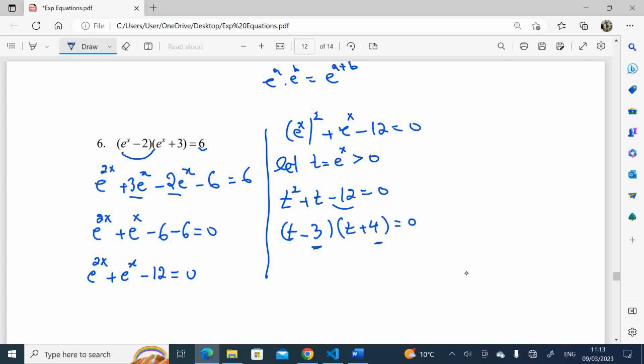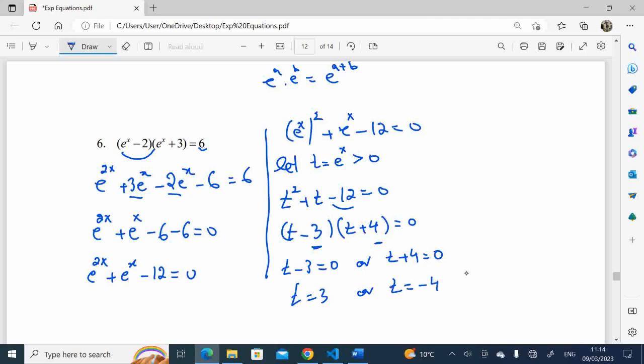So we get exactly the same quadratic. So this is the factorization. So this means the first factor equals 0, t minus 3 equals 0, or t plus 4 equals 0. So t equals 3 or t equals negative 4.